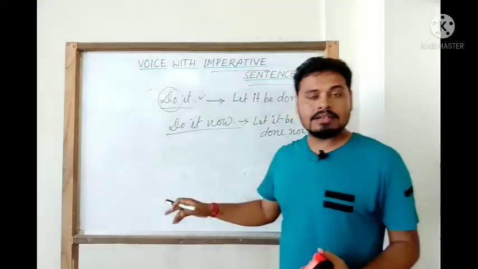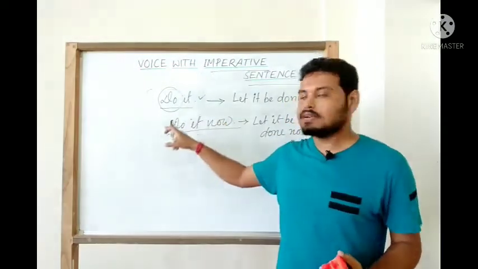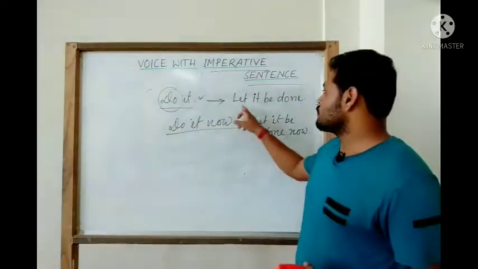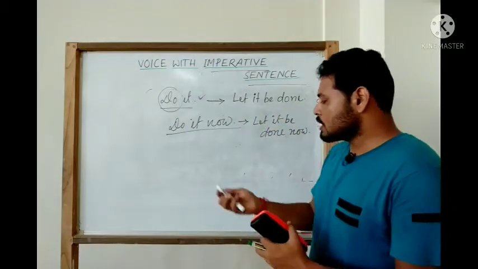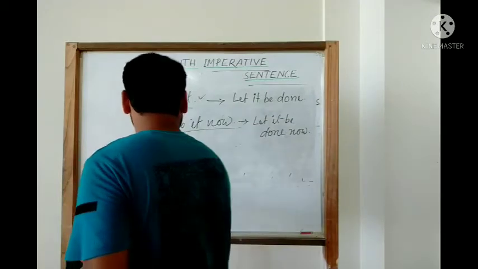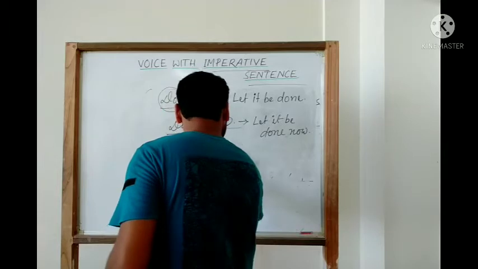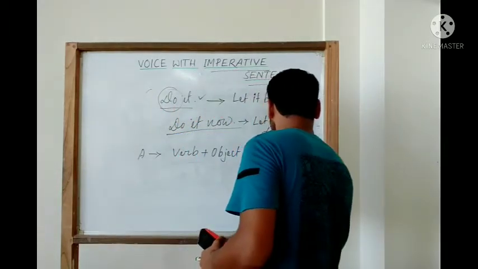So you see, these two are the active sentences and we have changed these two active sentences to passive. And as I said, in an imperative sentence, if the sentence starts with a verb and an object is there with it, we have to change it by using let. So let it be done. So let us just try to form the structures. In active structure, what is this? Verb plus object plus others.